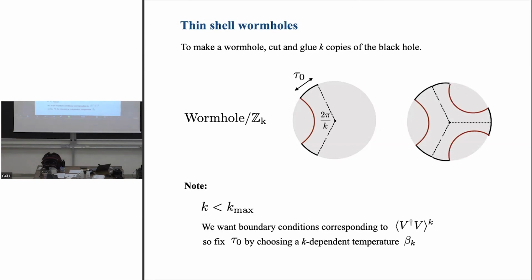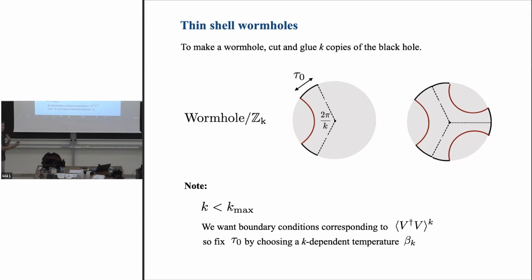A couple notes here. First of all, it's clear from this construction that there's a maximum value of k, because the bigger I take k to be, the more this wants to squeeze over to the left, and eventually it's going to hit the matter, and the picture will break down.